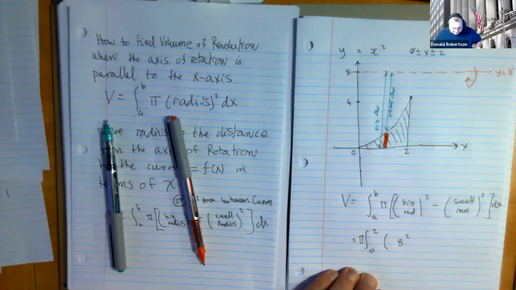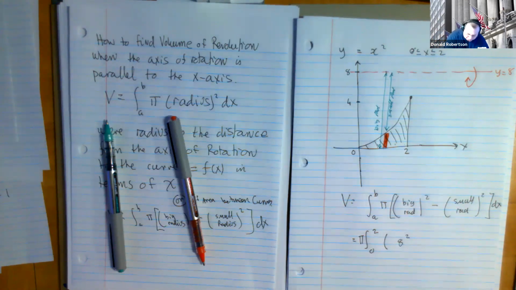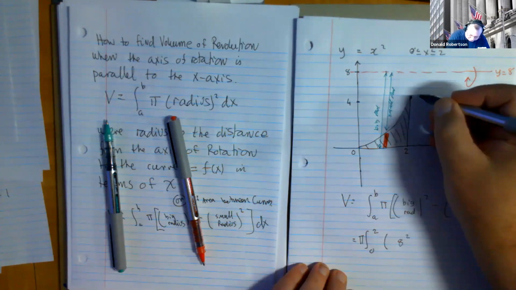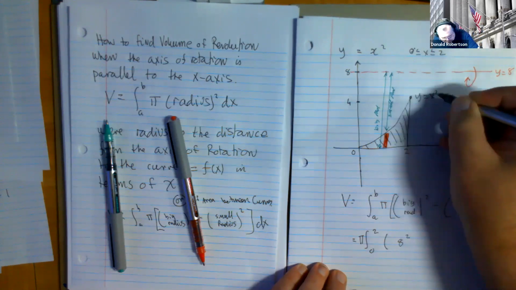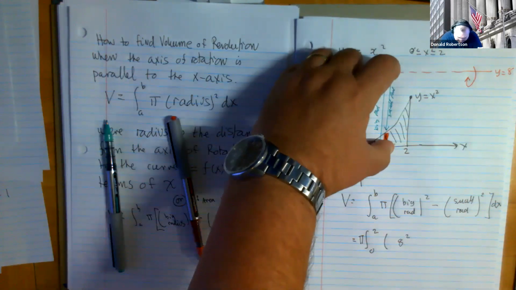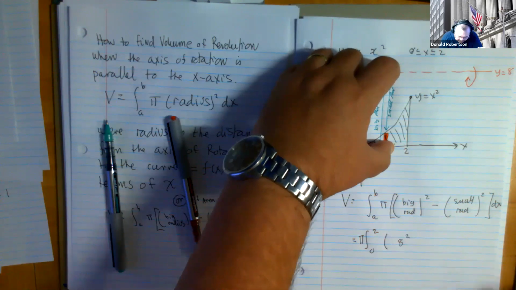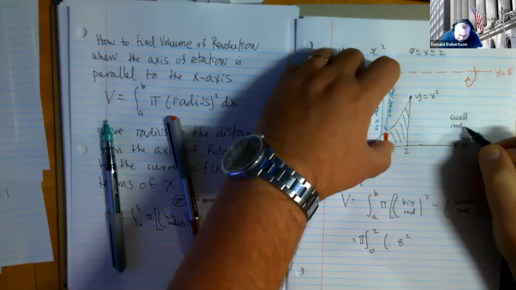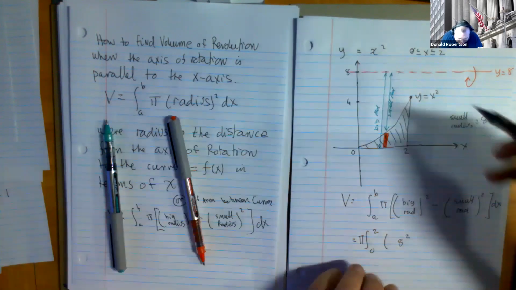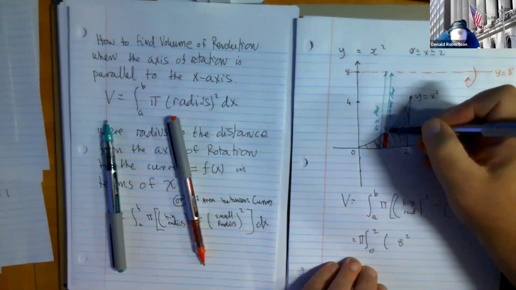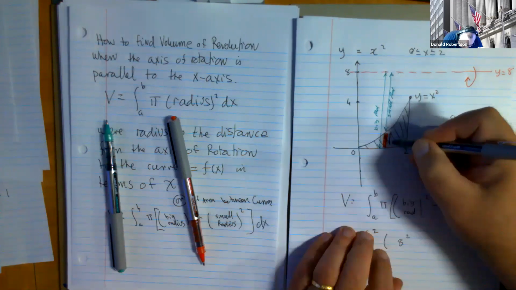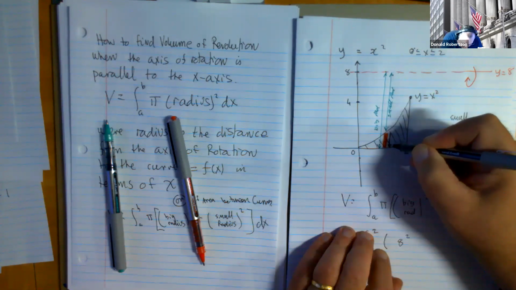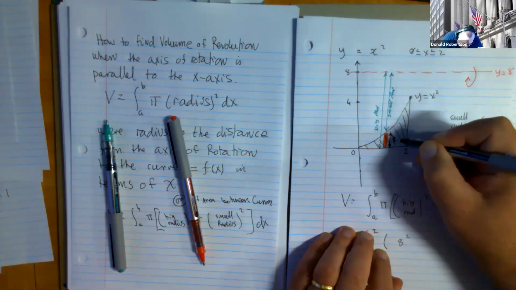Now the small radius is going to be a little bit trickier to get. The total distance from here to here is 8. The distance from here to here first, isn't that the value of f of x?